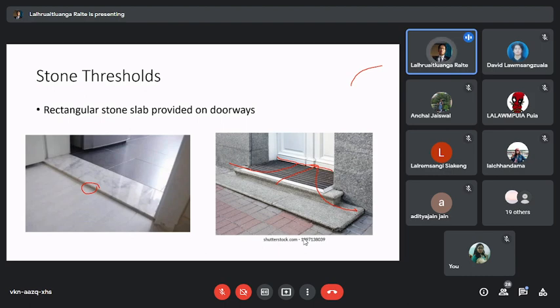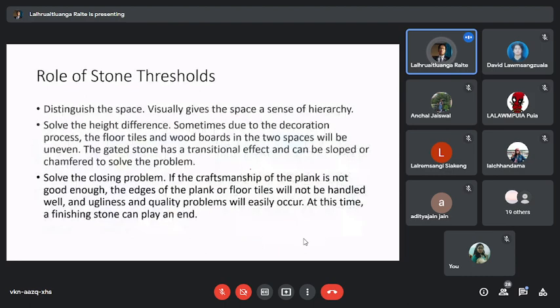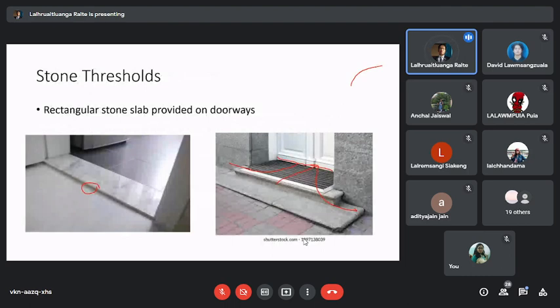They have a few functions. They distinguish the space. For example, look at this. You have different types of flooring. Here we can clearly see that we have a tiled flooring. It can be a stone tile, ceramic, or vitrified. And on the other side, we are not very sure what type of floor it is.